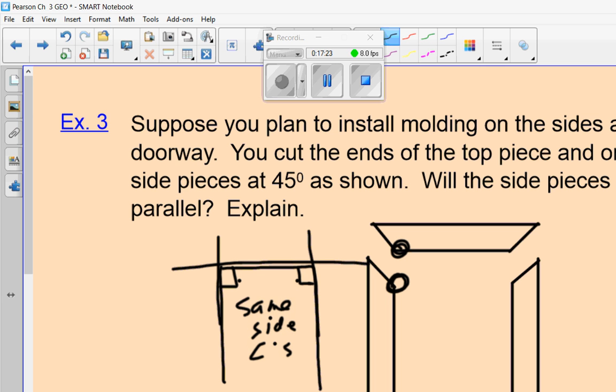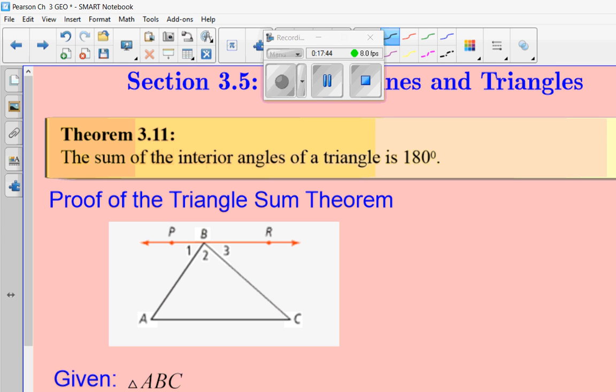I know they're equal, but they have to be supplementary. And if they are, that would say that the sides are parallel. So yes, they will be parallel. And we explained because the angles are same side, they're both 90, they add up to 180, it's going to work, okay? All right, that's it for today on that one.